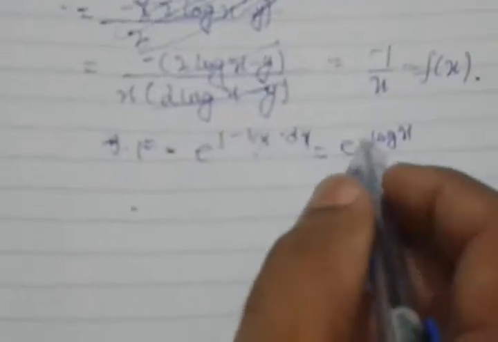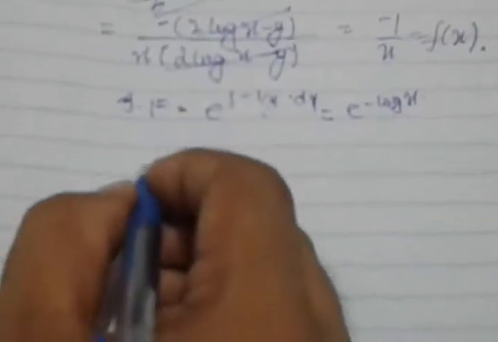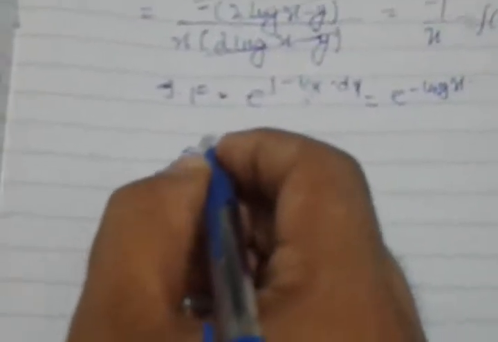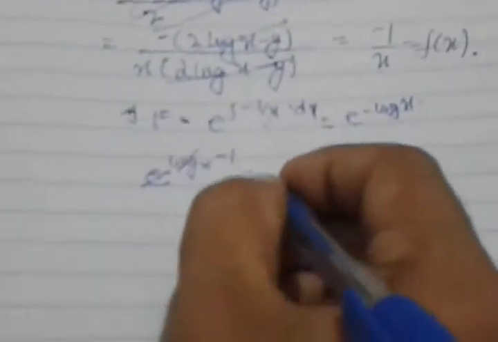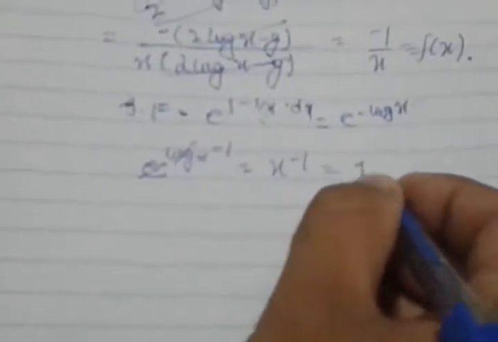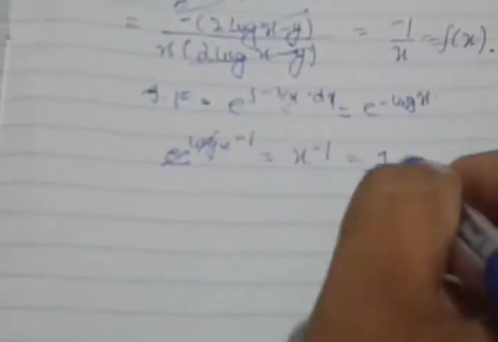Now we get e to the minus log x, and by a property of logarithms, the coefficient can come to the power, so it is e to the log of x to the power minus 1. So e and log cancel each other, and x to the minus 1 becomes 1 over x. So the integrating factor is equal to 1 over x.